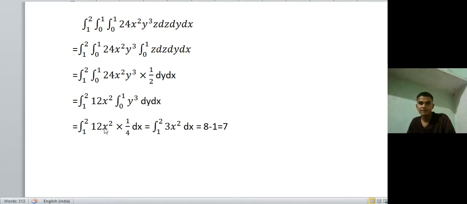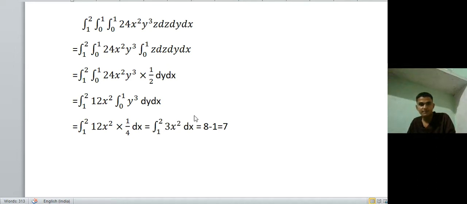So 1 by 4, 4 3s are 12, so it is 3x square. Now the only variable is x. With respect to x, the integration of 3x square is 3x to the power 3 divided by 3, the 3s cancel, then x to the power 3, and the limits are 2 and 1.